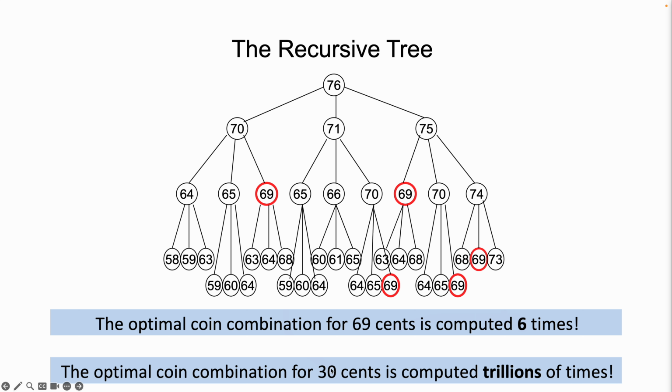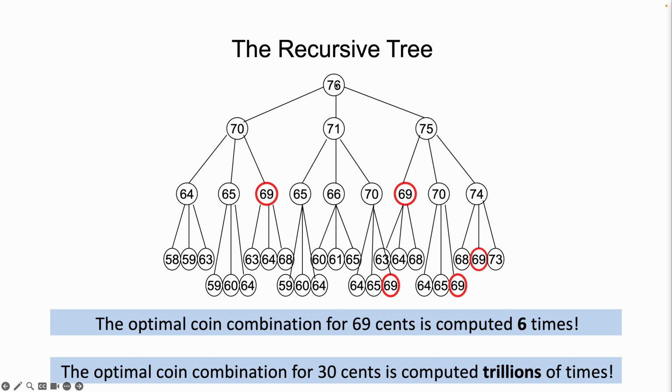If you scale this down, and this is 76 given our 6, 5, 1 denominations, by the time we get down to where we're at min coins for 30 cents, we've had to compute that min coin function 1 trillion times, okay? Because this tree gets so crazy so fast.